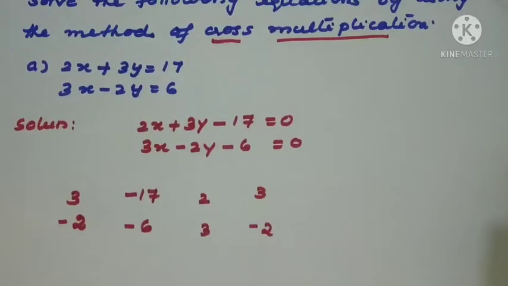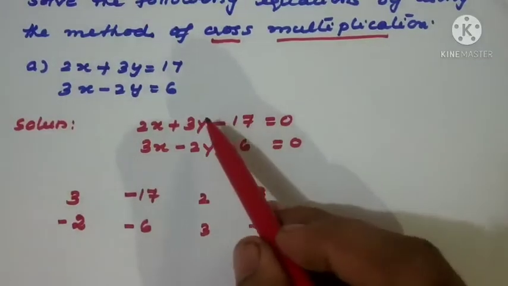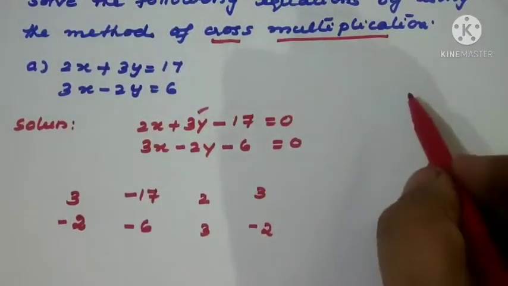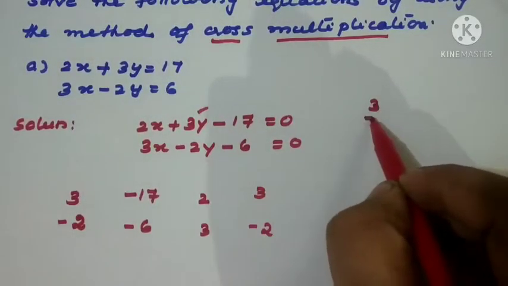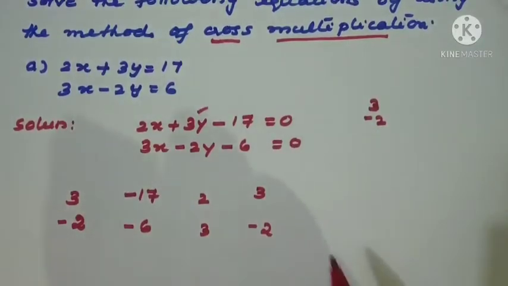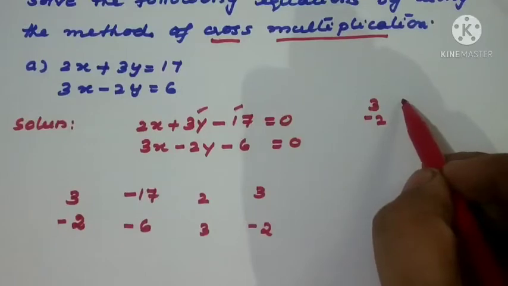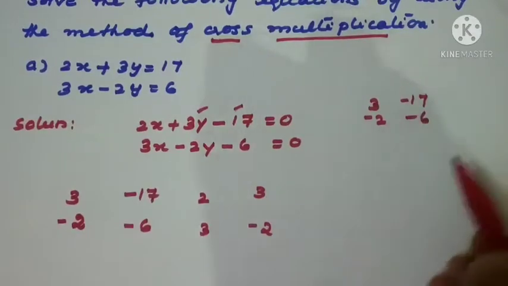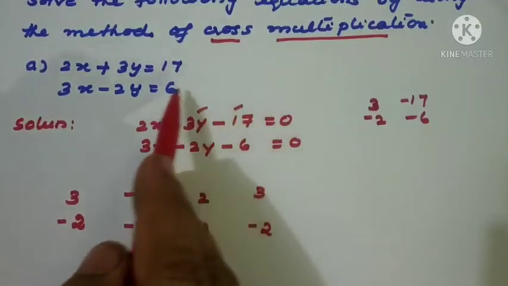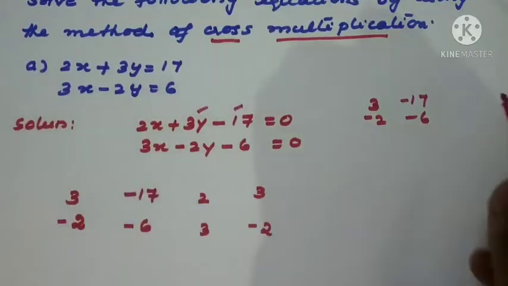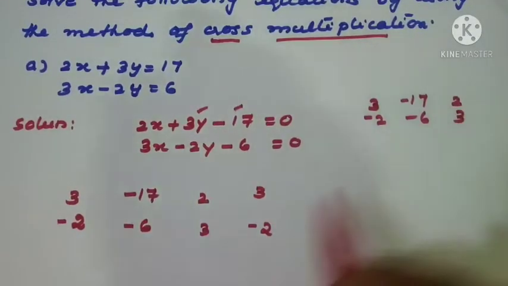Let us repeat the steps we have done here. We take the coefficient of y first, 3 and below it minus 2, from the first and second equations. What is next? The constants, minus 17 and minus 6. Then in cyclic order the x coefficients, 2 and 3.